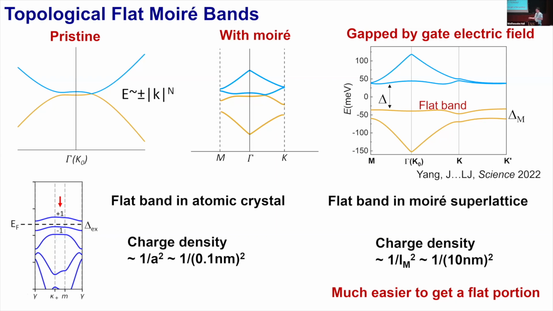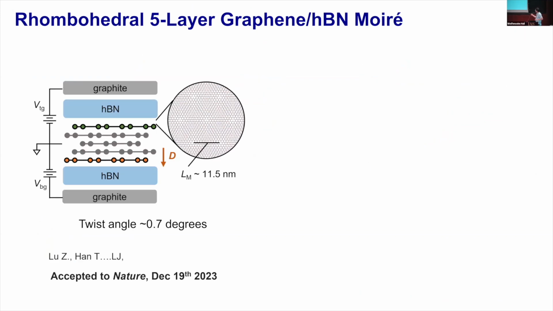You just need to cut out the flat part of a generally very complicated dispersion. And that is enough to mimic Landau levels. That's why this fractional quantum anomalous Hall effect was experimentally first discovered in Moiré materials. So that's a general idea.